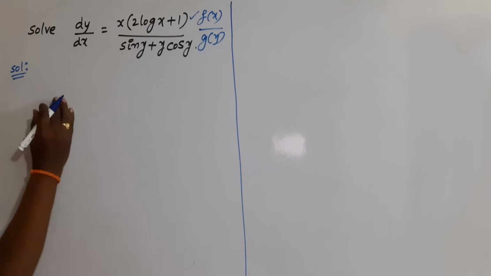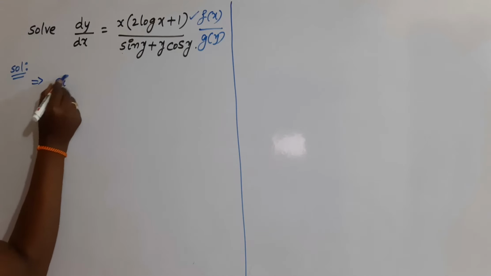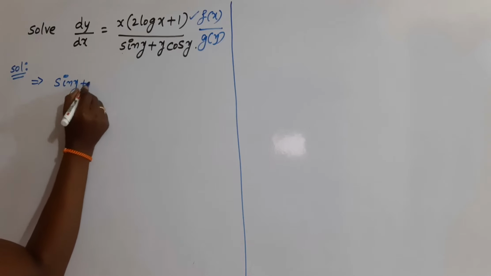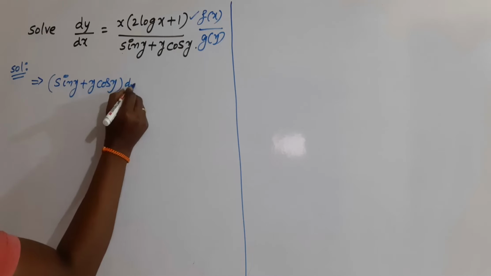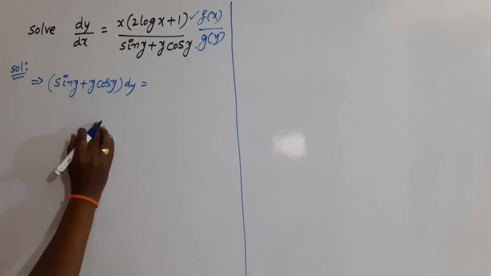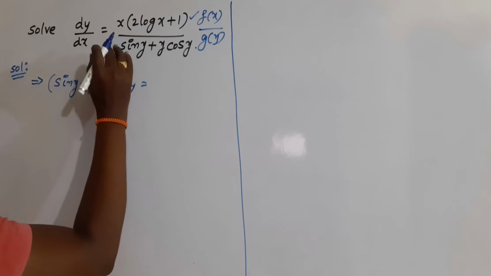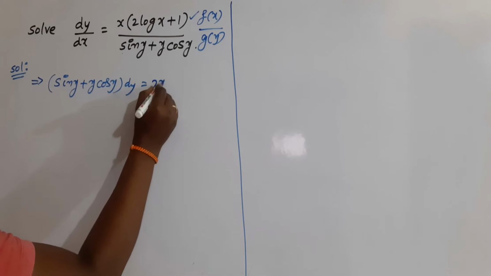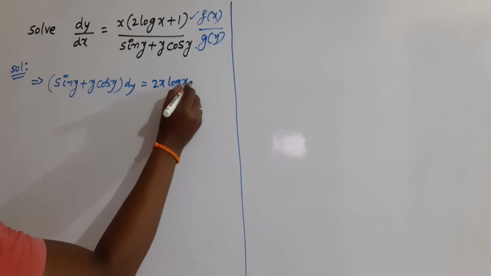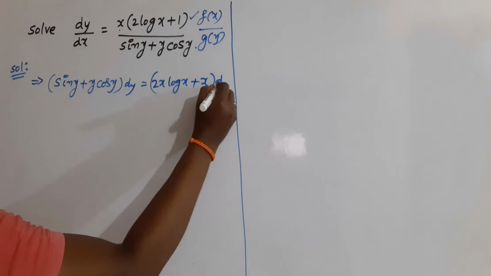So by taking the cross product on both sides, the given equation becomes sin y plus y cos y whole into dy. I am separating the variables on both sides just by taking the cross product. So you can take this x inside, you will get 2x log x plus x times of 1 is x whole into dx.